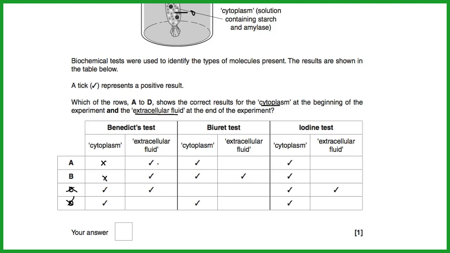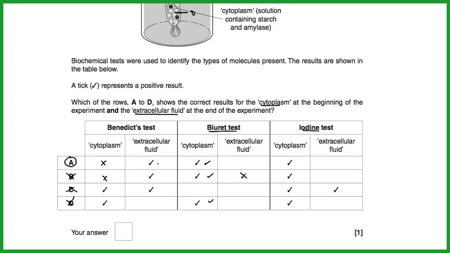The biuret test is going to be testing for the presence of the protein. So there's definitely protein in the cytoplasm at the beginning because there's the amylase that you've put into the model cell. But the amylase will be too large to diffuse across the membrane into the extracellular fluid, so it's definitely not B, so we can rule out B. Now the final one, which is unnecessary because the answer is already definitely A because we've excluded all of the others, is the iodine test.